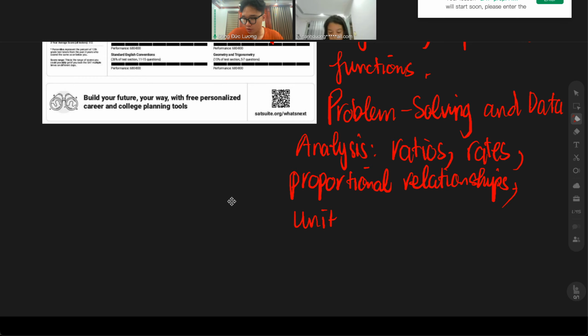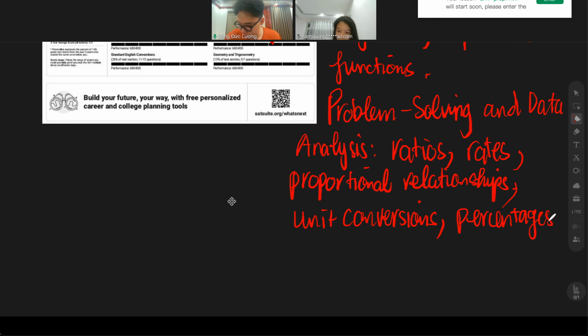I'll introduce you later about units. That's very important, unit conversion. And percentages. You have to know about percentages.